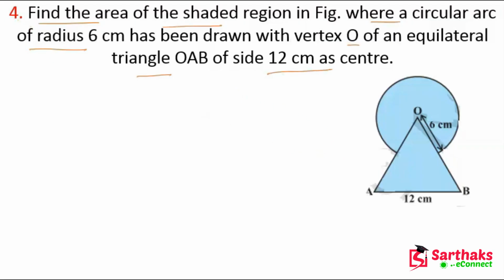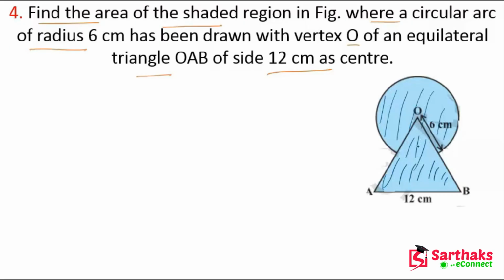My dear friends, in this case we have to find the shaded part, which means we have to find the area of the whole figure. How can we solve it? Let's understand the concept of the solution. We can find the area of the shaded part by finding the area of the circle plus the area of this triangle.